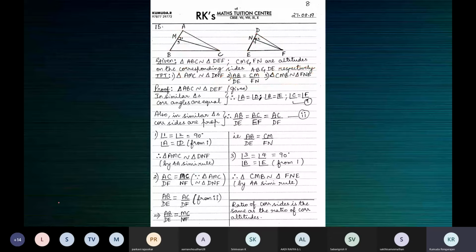So here we are proving that the triangles on either side of the altitudes are similar, and that the ratio of the corresponding sides is the same as the ratio of the corresponding altitudes. And this is all done using AA.